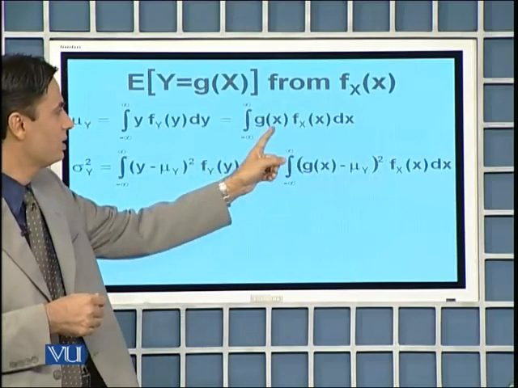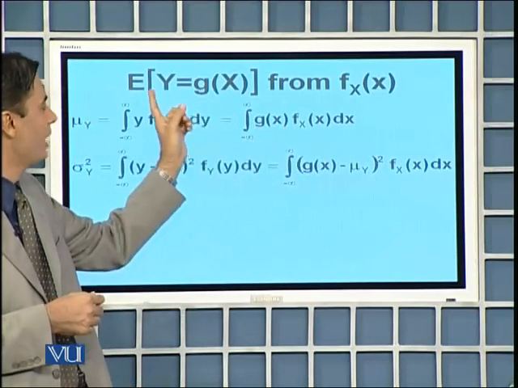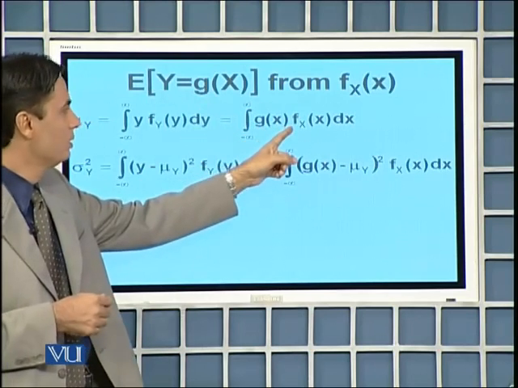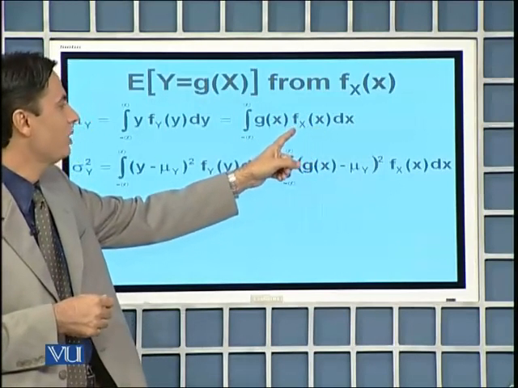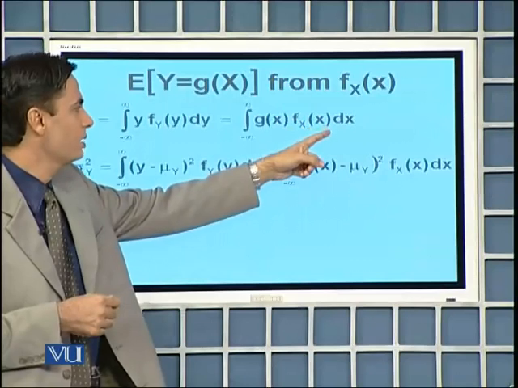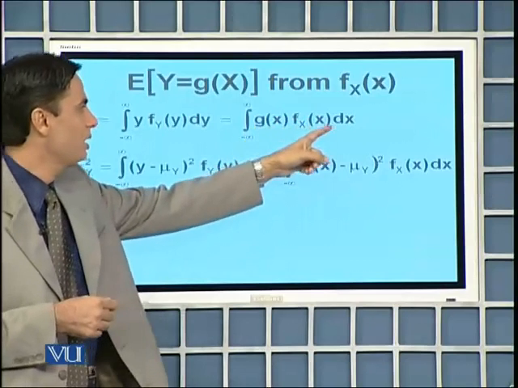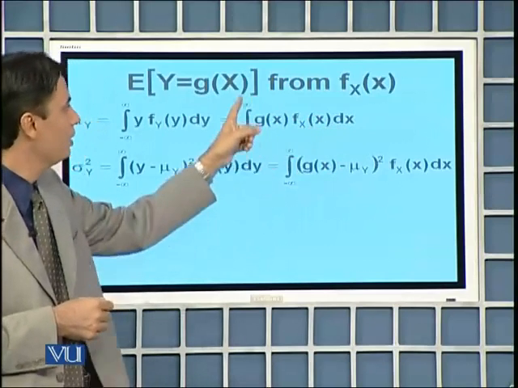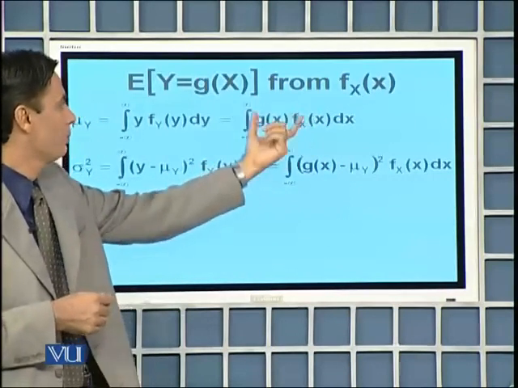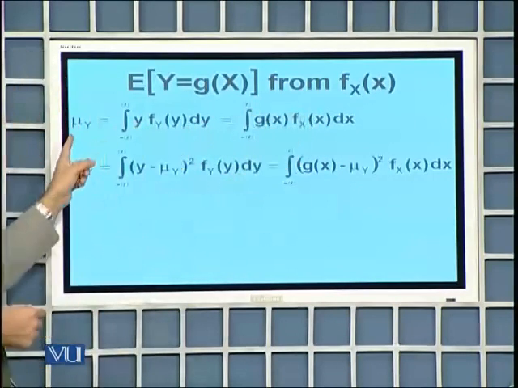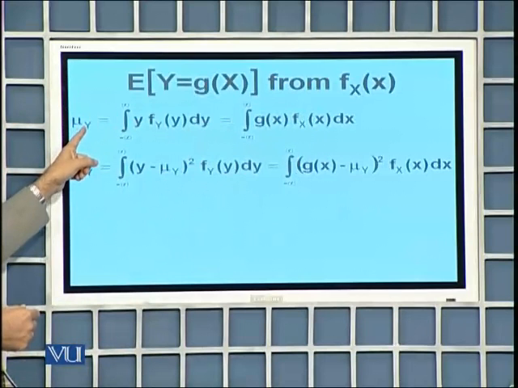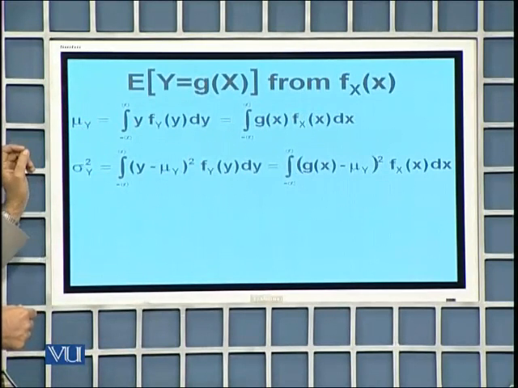So here it is g(x), which represents the value of y, and you multiply this with the value of the PDF at this point x and take this multiplication and integrate over the whole range of x. So both expressions give you expected value of y or mean value of y.